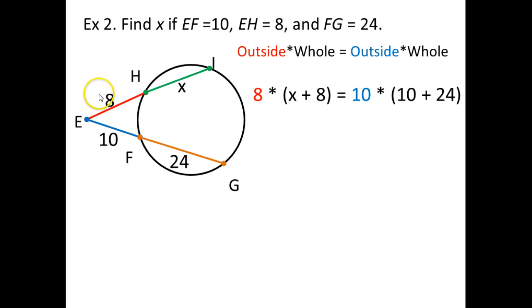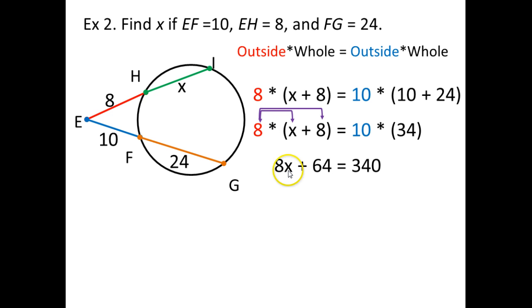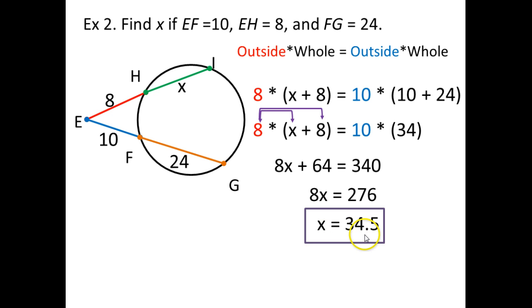So 8 times (8 plus X) equals 10 times (10 plus 24). Distribute the 8. 8X plus 64 equals 340. Subtract 64 from both sides and you get 8X equals 276. And so X equals 34.5.